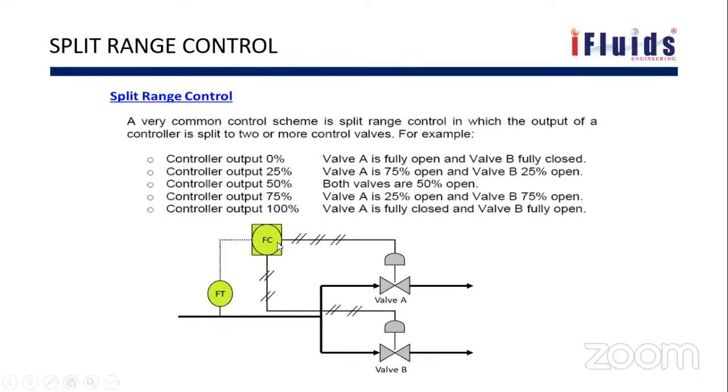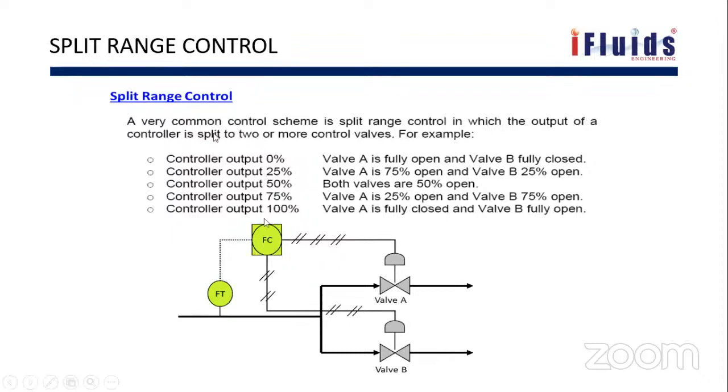The controller output is in percentage because it is advising the valve to open by that much percentage. You can see here again dotted lines are electronic signals, and here pneumatic signals. FC is nothing but the flow controller. Flow is split between two or more control valves.